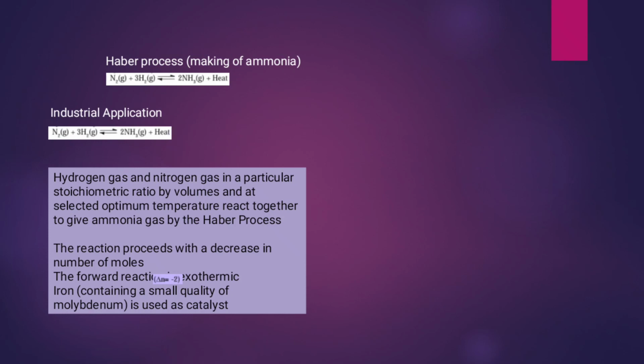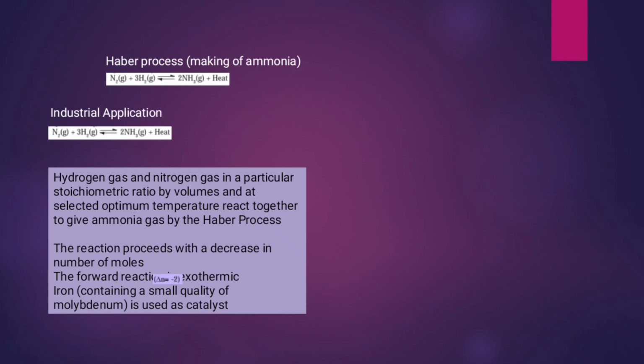Now if we talk about the industrial values, we'll come to know that in industries we want more production of ammonia, and this reaction has to be more profitable by applying ideas of rate of reaction and equilibrium.